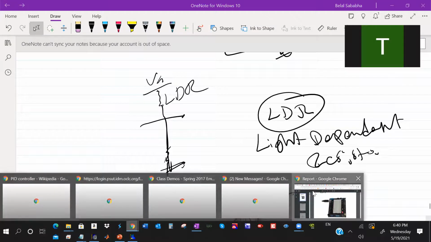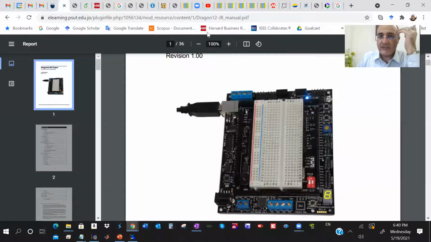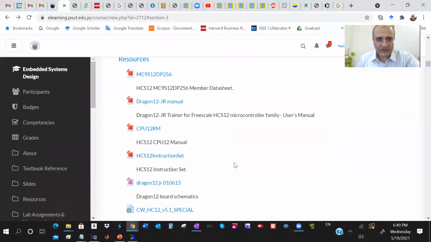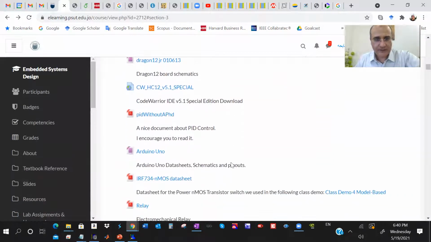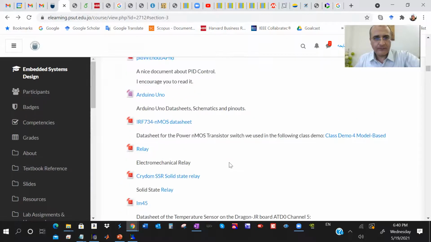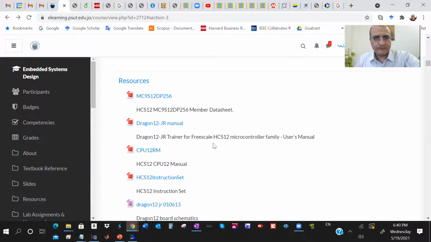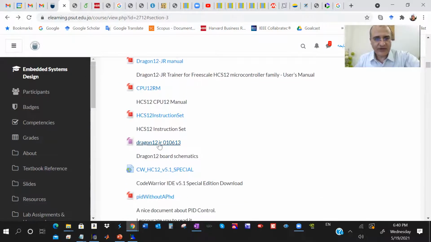Okay. If we look at the schematic, maybe not this one, maybe this is not going to help us. Where is the schematic? Maybe it's compressed.